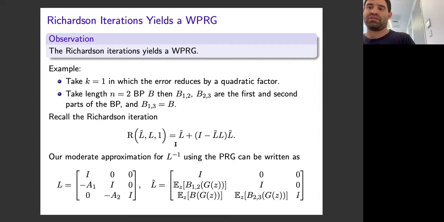You take your moderate approximation, and there is one correction term. The moderate approximation is simply the one that the PRG gives you. So for any product, this is the transition matrix of the first half approximated by the PRG. This is for the second half, and this is for the two halves together. So this is our moderate approximation to the inverse of L.